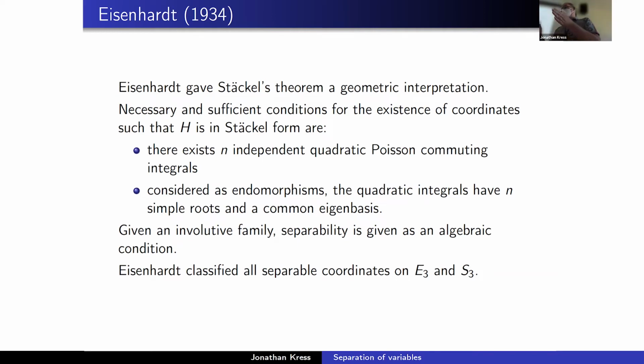There's a quadratic form associated with each, which can be considered as an endomorphism on vectors or covectors, and that endomorphism had to have n simple roots, or n simple eigenvalues, and a common eigenbasis for all of the n independent quadratic forms.